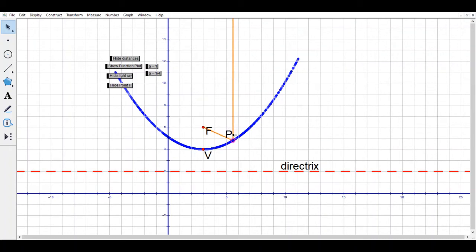Now, the reverse action is used when a satellite beams an image down to your house. So here's the signal coming, bouncing off of the back end of a satellite dish, and it heads directly to the focus point, at which point they have some sort of receiver that receives that signal and then sends it down into your television so you can watch TV, assuming you had a satellite dish.